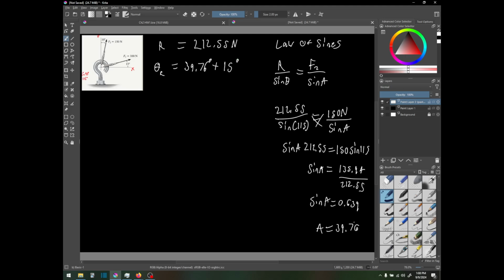Of course, I should put the degree symbol above all of those, which is going to equal 54.76. So our final answers for this would be R equals 213 newtons and theta R equals 54.8 degrees.